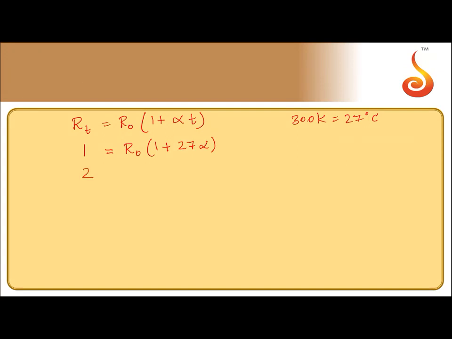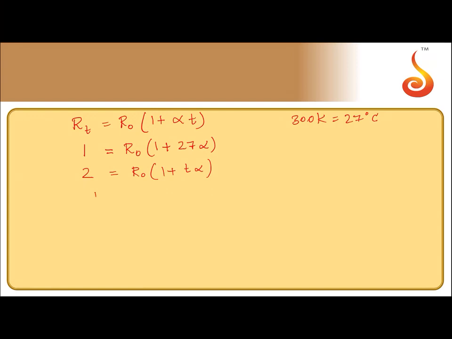For the second case, let us say it becomes 2 ohm at some T degree Celsius. So it will be T alpha. So this is what we will get. Now divide these two. What do we get? R naught gets cancelled.